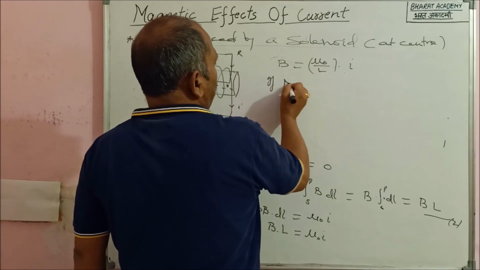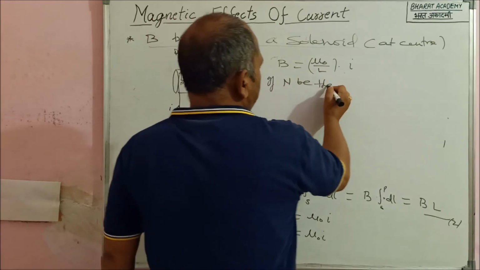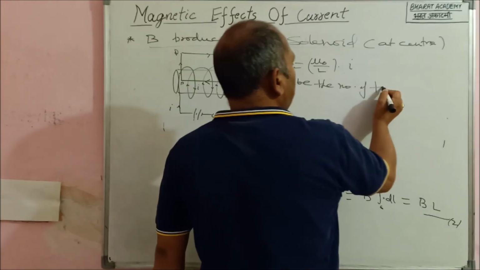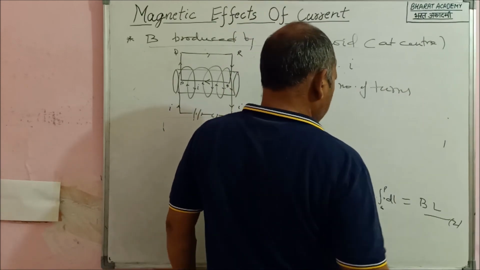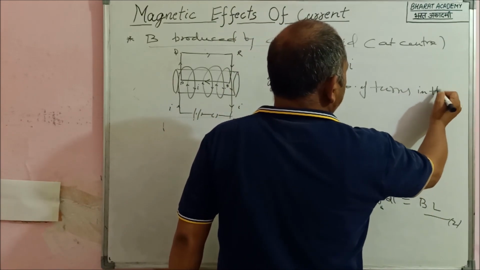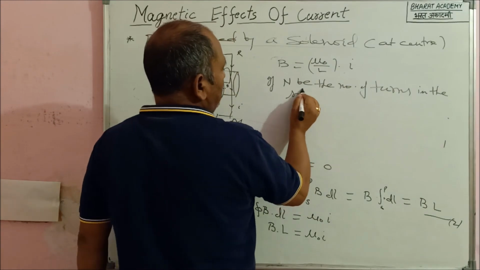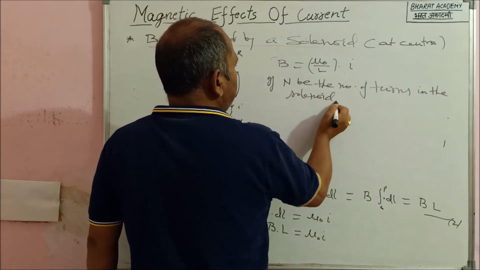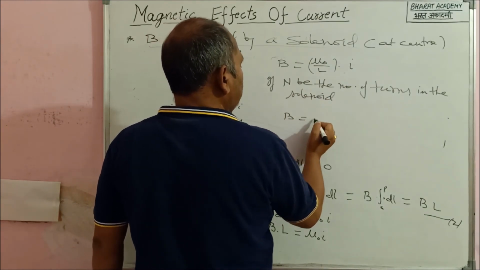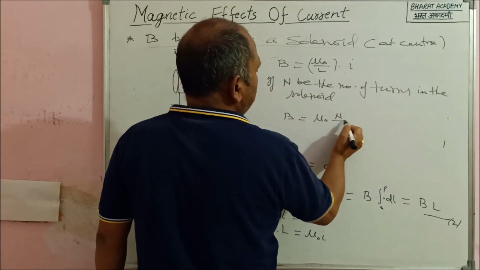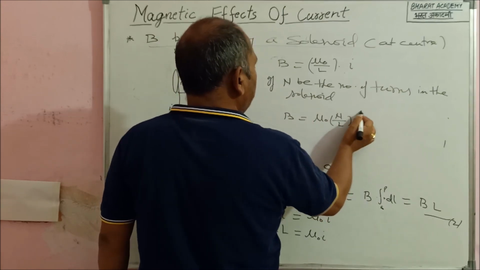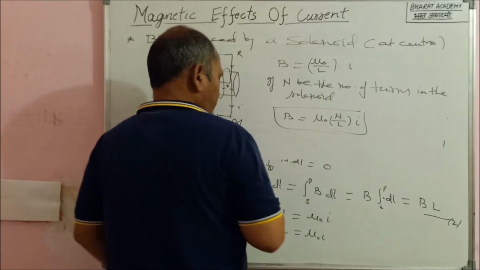If N be the number of turns in the solenoid, then B will be mu 0 N upon L into I, right?